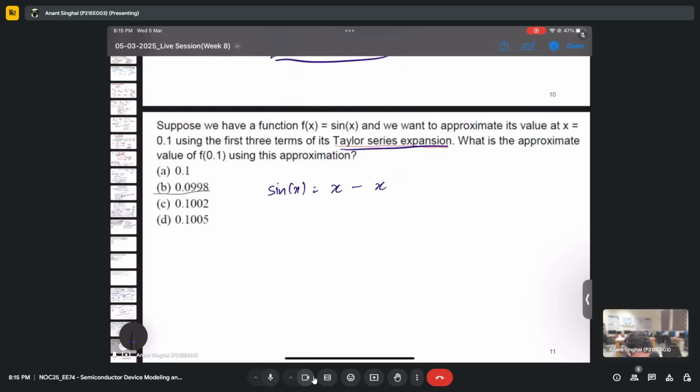So this is x minus x cube by factorial 3 plus x^5 by factorial 5 minus x^7 by factorial 7 plus, and it goes on. So we need to find the Taylor series approximation at 0.1. Let me know the answer in maybe 2 minutes. This is easy.